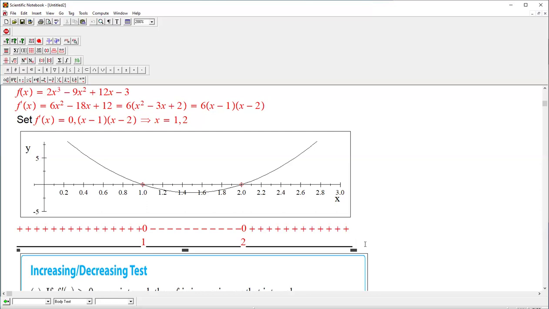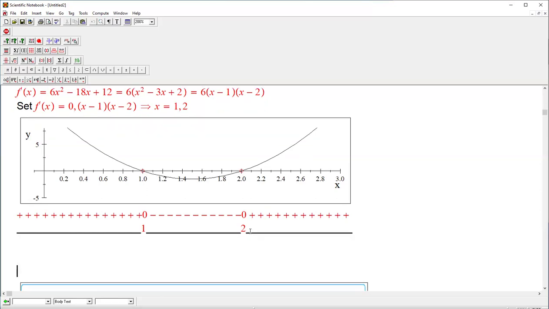So you can say f is increasing in the interval from negative infinity to 1, union, or you can say and, the other interval, which is 2 to positive infinity.